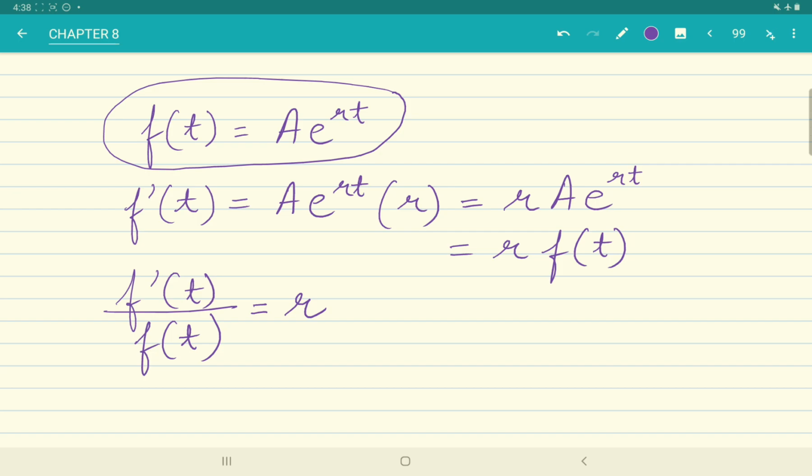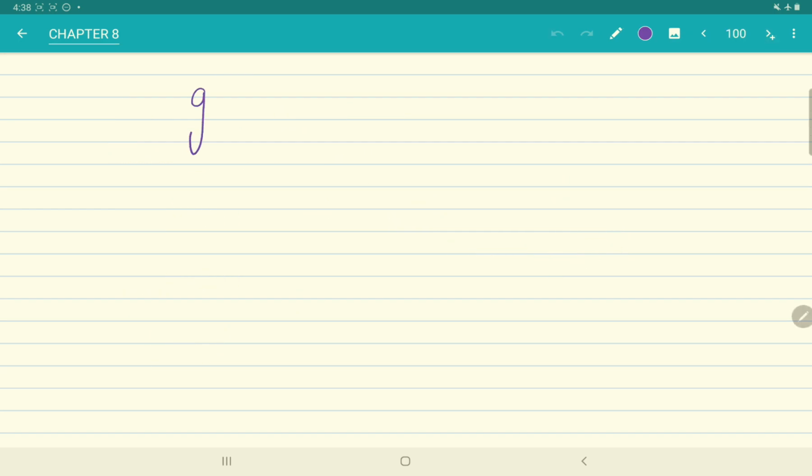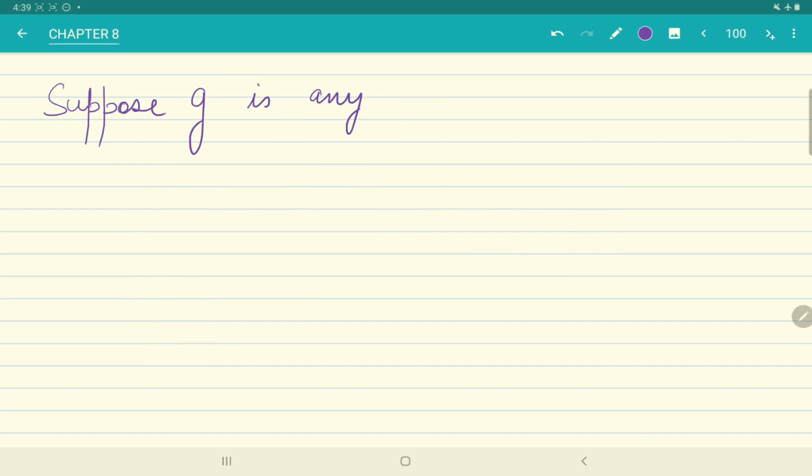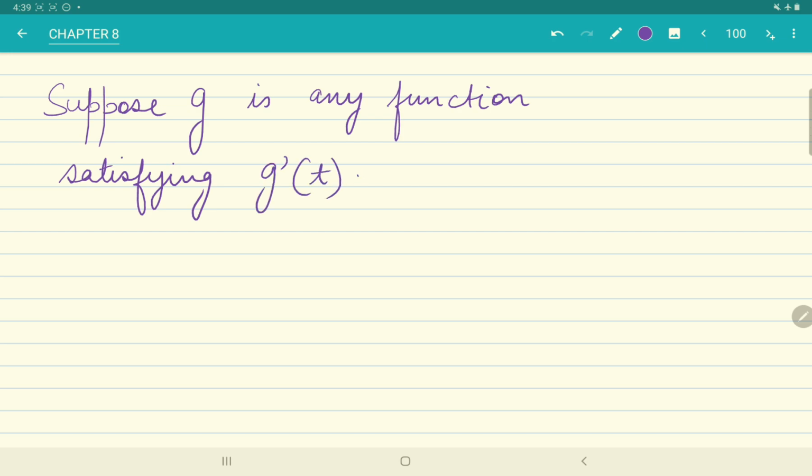To prove that, let us suppose g is any function satisfying g prime t is equal to r g of t.